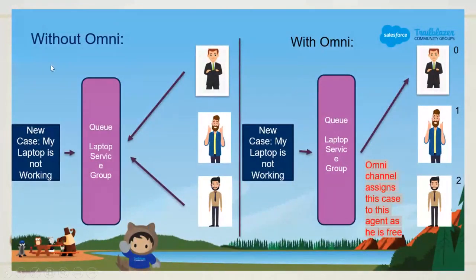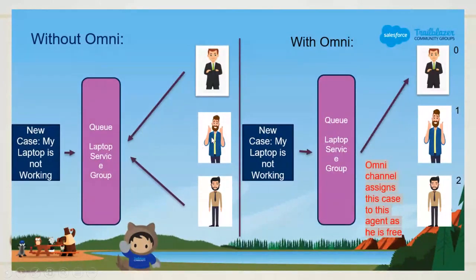So what is the use of omni-channel? Suppose I don't have omni-channel in my org. When a case is assigned, there is obviously a queue with these three agents. Now, the first one is working on maybe 0 items, the second on maybe 1, the third on 2, which will not be considered, of course. But if a case has been assigned and I have a queue, this person will say that this is just a normal issue, let me take it.